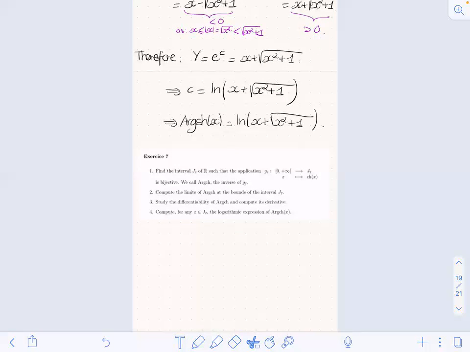So the first thing that we can maybe remind ourselves of is what ch of x vaguely looks like if we look at the graph?